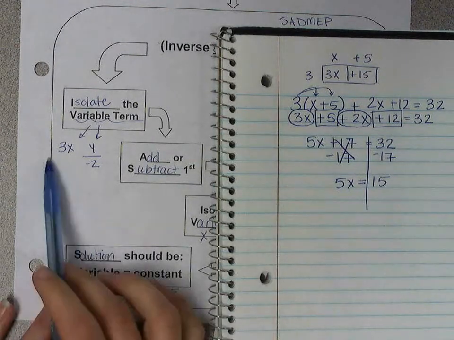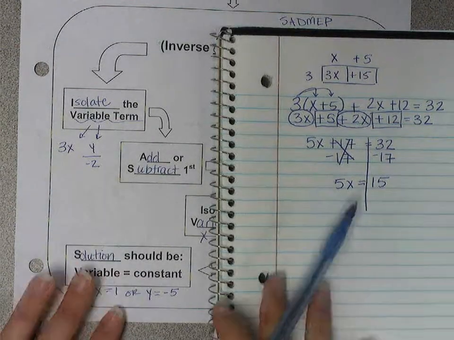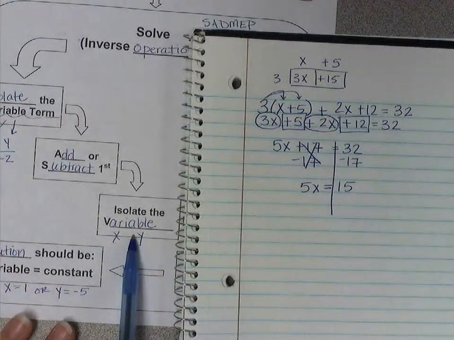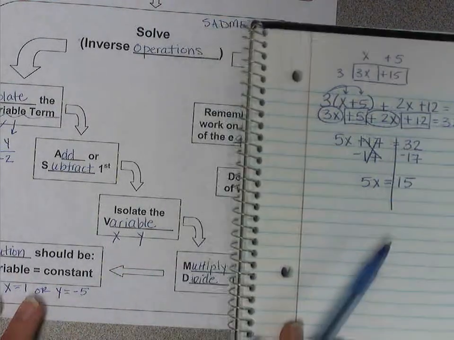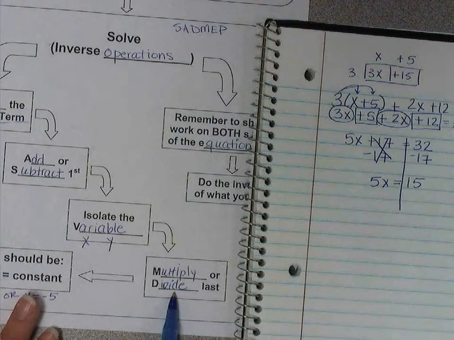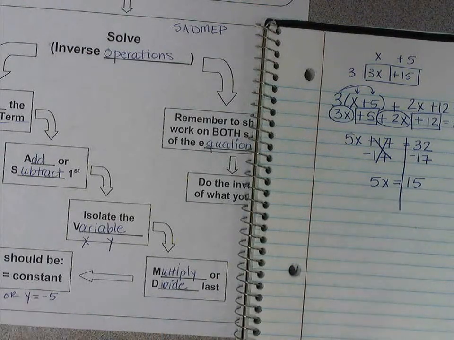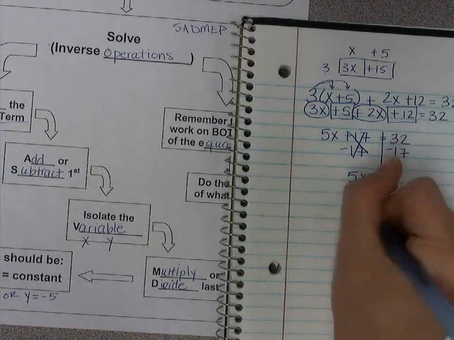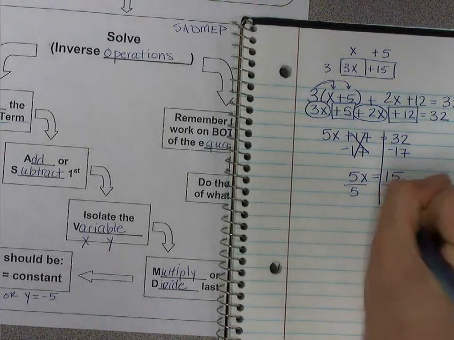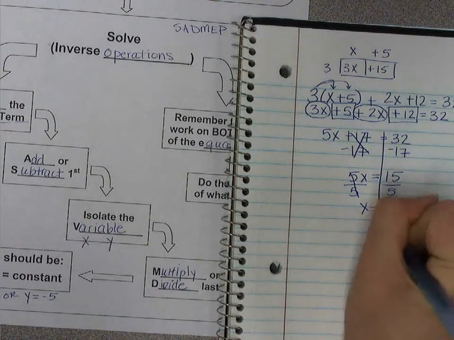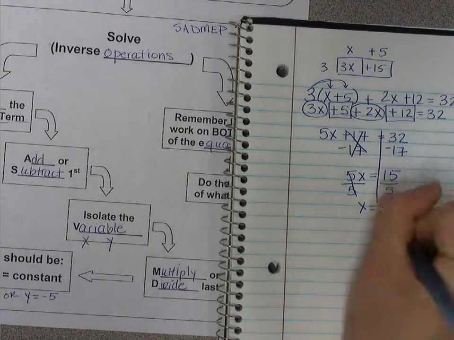So now we have just a variable term equal to a constant. We want to isolate the variable by doing the inverse of what you see, divide or multiply. So we see multiply by 5, we want to divide by 5. 15 divided by 5 is 3.